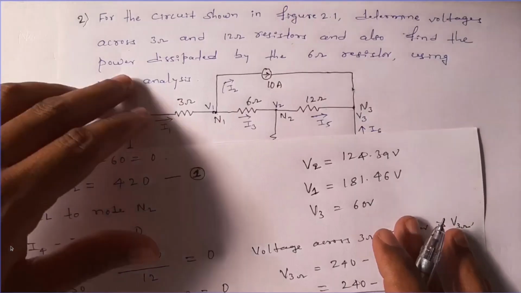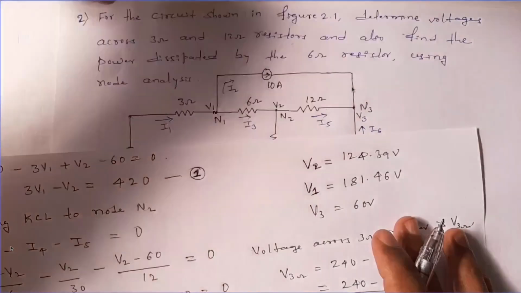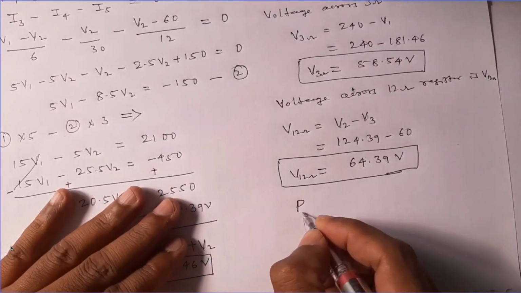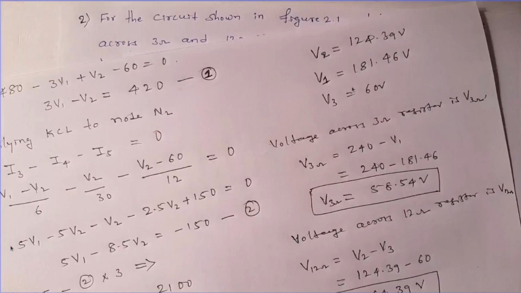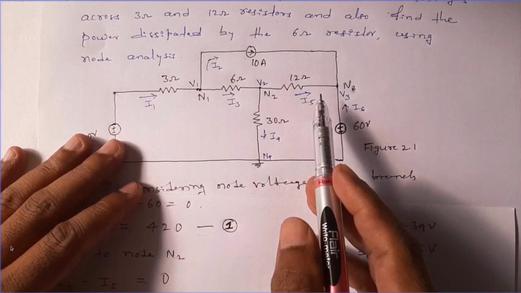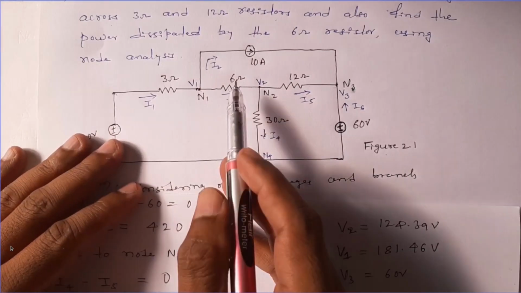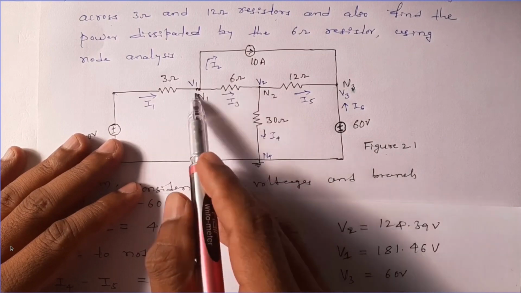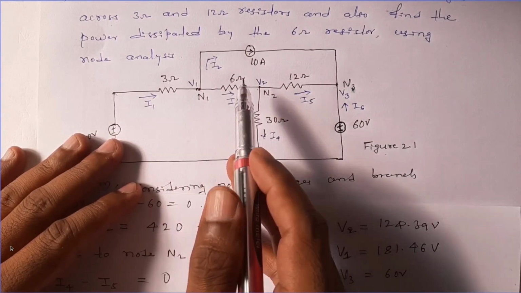Lastly, we are supposed to find the power dissipated by the 6 ohm resistor, P6 ohm. Power dissipated across a resistor is given by V squared by R. Here the voltage is V1 minus V2 and the resistance is 6 ohm.